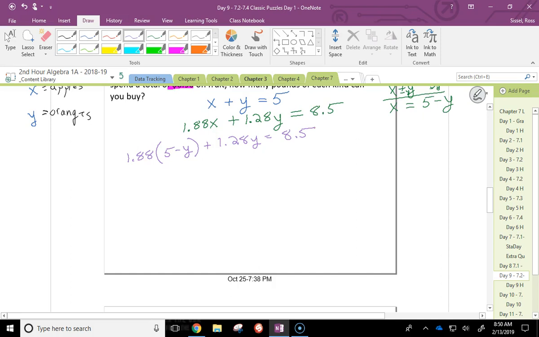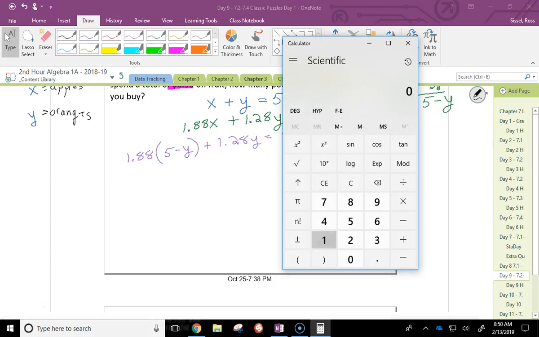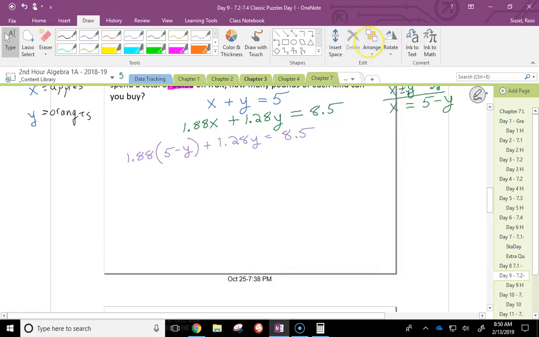I'm going to use a calculator. 1.88 times 5 is 9.4. And then I have minus 1.88y, because 1.88 times negative y gives me this. Plus 1.28y equals 8.5.